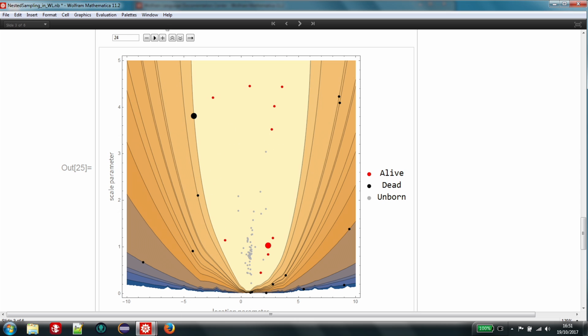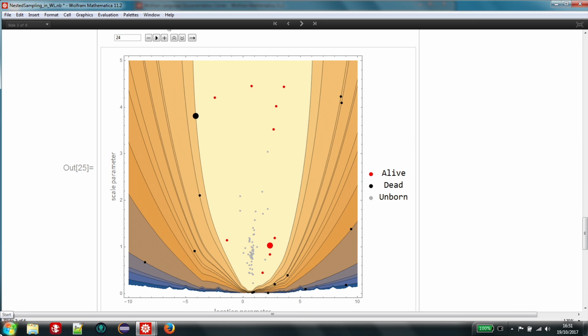Because where in normal integration, you're cutting up your integration domain in slices and then you dice it up, that won't work in high dimensions. What this algorithm does instead is it estimates the area of these onion layers. So each of these contours is like an onion peel.